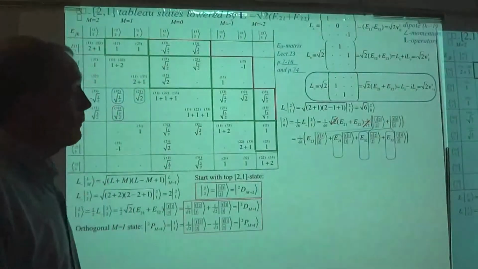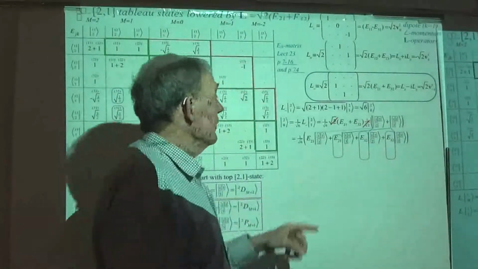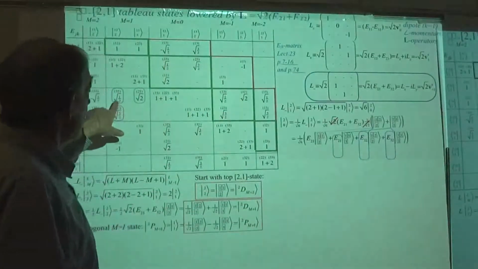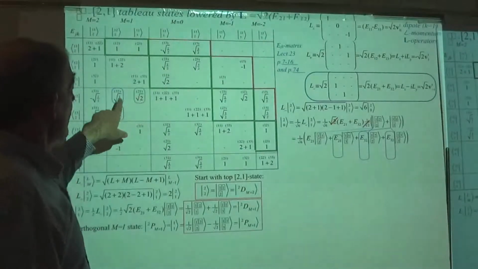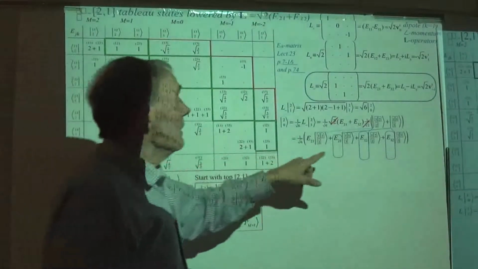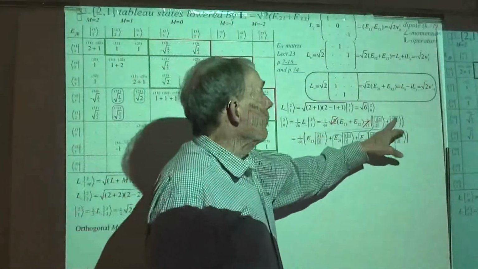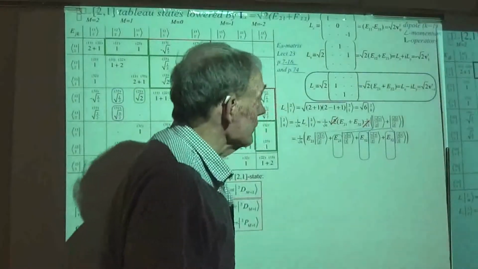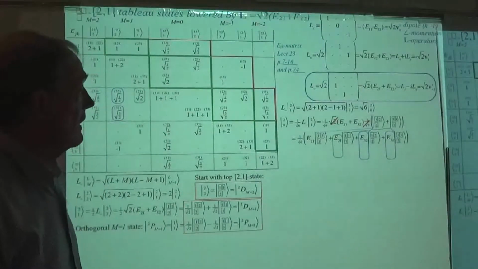So I end up there with 4 tableaus and their coefficients, which we just read off. This one right here, we read off a square root of 2. Then 3, 2 is done twice on this particular tableau 1, 1, 3. And that's the thing not to forget, is that you should have that there.